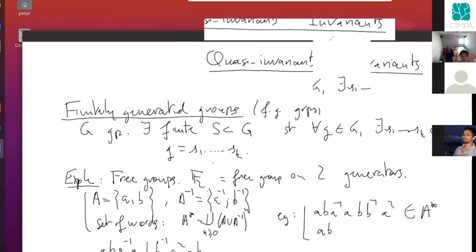Now, what I wanted to say is that when I see one letter next to its formal inverse, I replace it by the empty word. And it's the same for here. Okay, so then what I obtain with this equivalence relation is that this will be the same as A cube B. Okay?